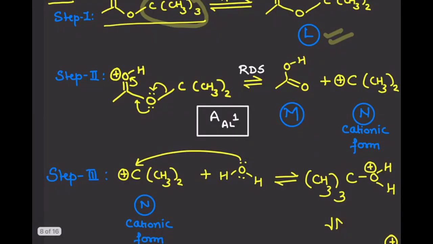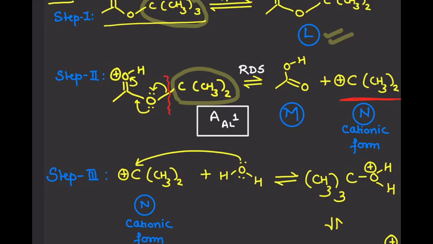Now this species is forming a cation. So this is a stable cation. Here you should notice that the bond which is broken is alkyl-oxygen. The alkyl-oxygen bond is broken and you have a cationic species formed here, a tertiary butyl carbocation, which is very stable.